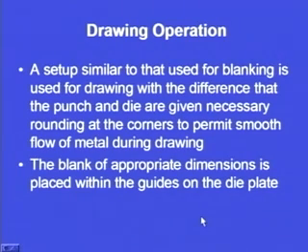Depending upon the final shape and the final volume of metal required to form that shape, we can choose the appropriate dimensions of the blank that serves as the raw material for the drawing operation. The operation will make use of a punch and die arrangement.